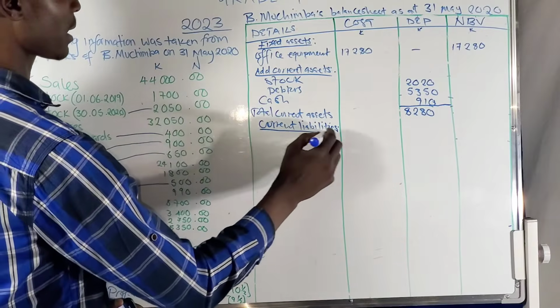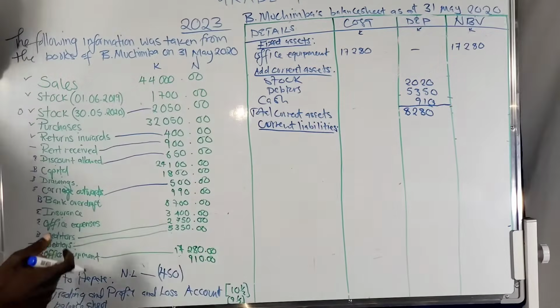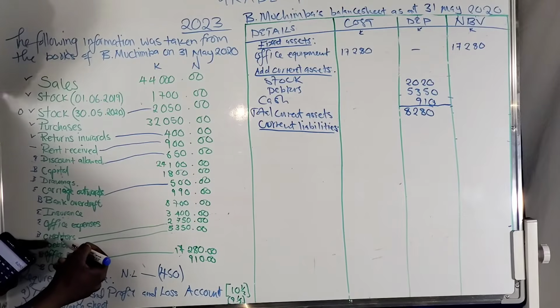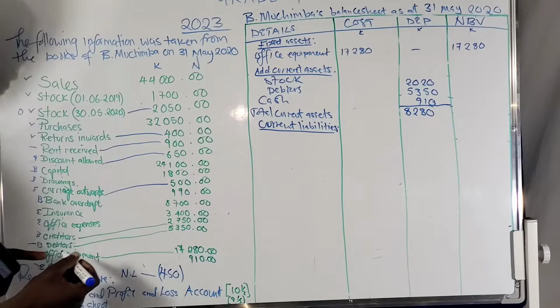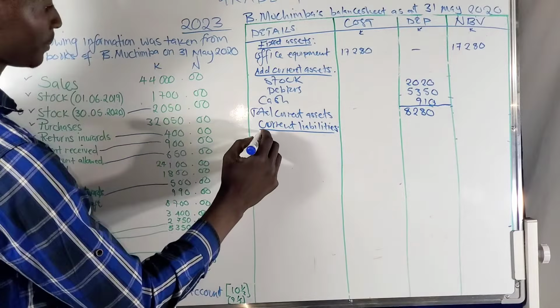Okay, current liabilities here, creditors are current liabilities and bank overdraft. So we're going to write creditors.